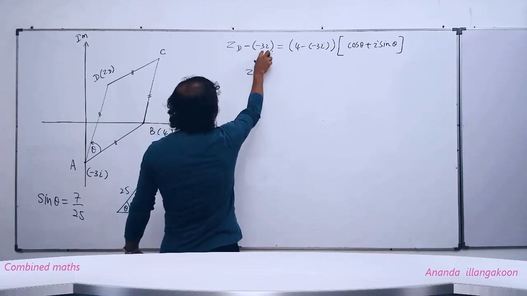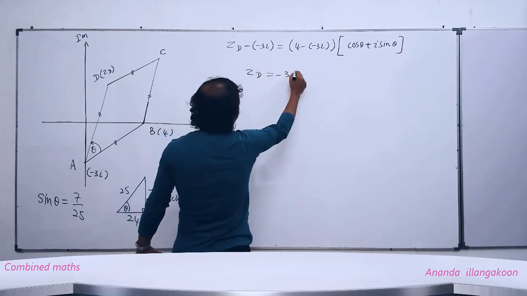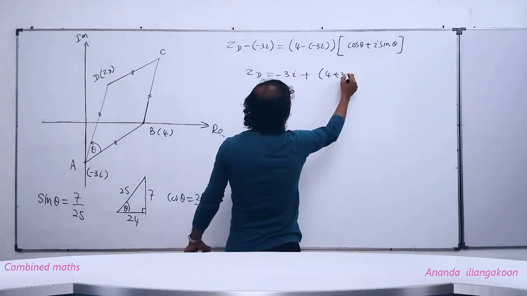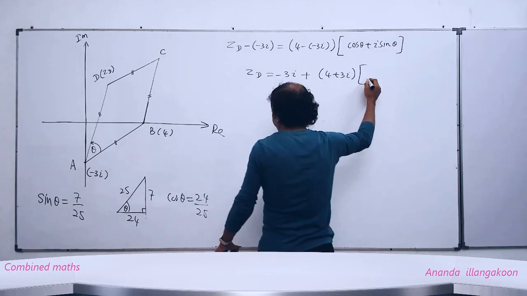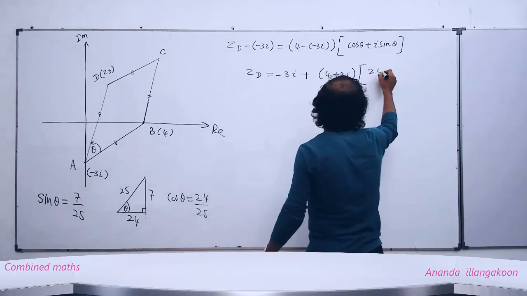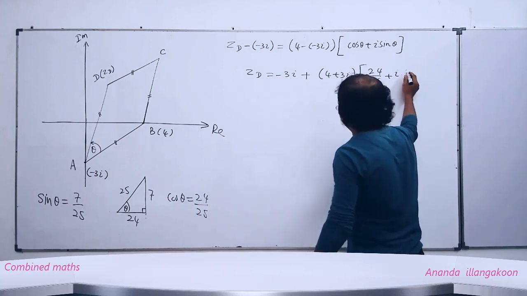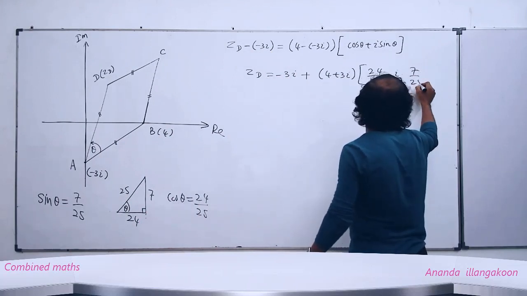Then ZD, you can take this plus 3i to the right hand side: minus 3i plus this is 4 plus 3i. Substitute for cos theta 24 by 25, plus i times 7 divided by 25.